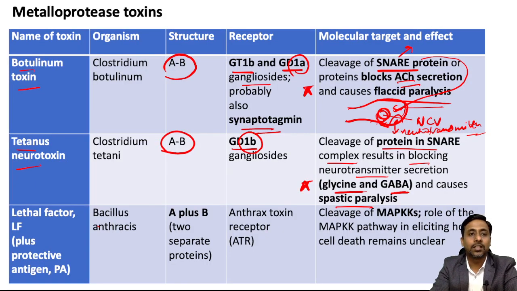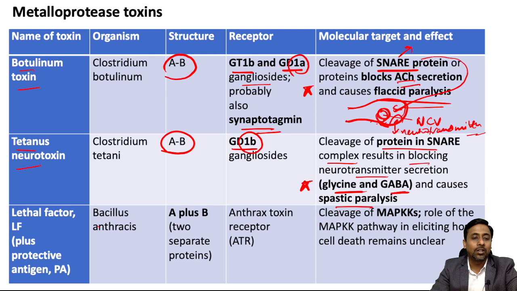So now the third metalloprotease toxin, that is lethal factor. As I told you in the first one, that is the adenylyl cyclase toxin, anthrax toxin has three components, EF, PA and LF. So this LF is a metalloprotease toxin along with PA, not alone. Remember it. Alone these three components have no activity, so it will need this protective antigen.